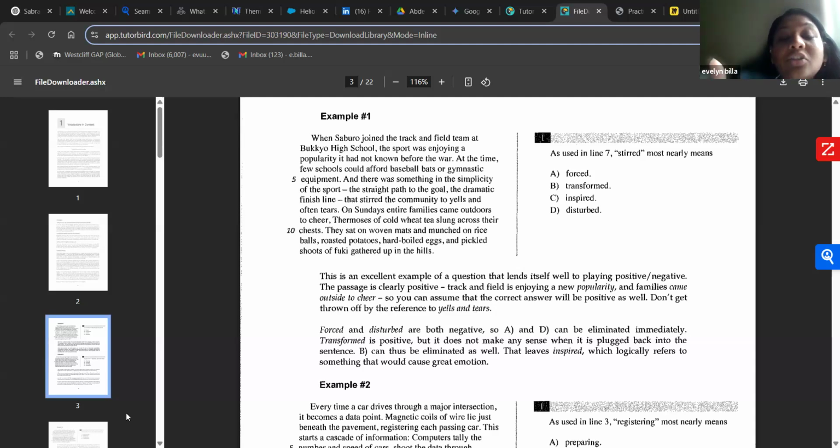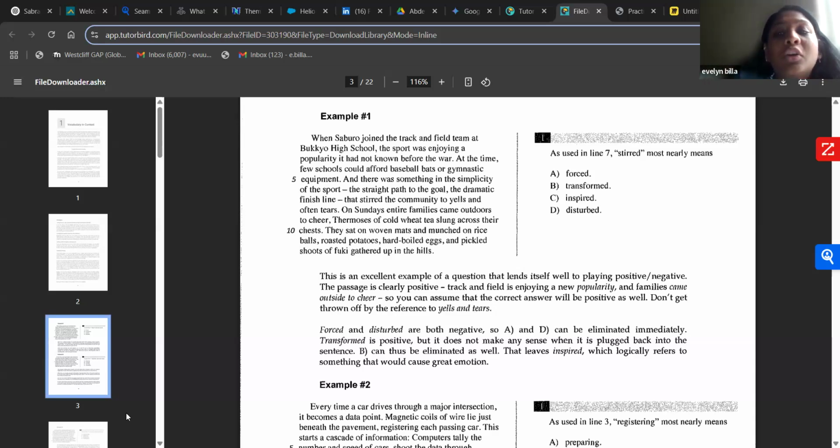Okay. So in these 8 to 9 sentences, we probably have 12 sentences, it's very hard for you to read and know the main idea of what the author is trying to say and then connect the word. So, as used in line 7, steered most nearly means what? When you read the question here, you're going to first know the main idea, or what the author is trying to convey.